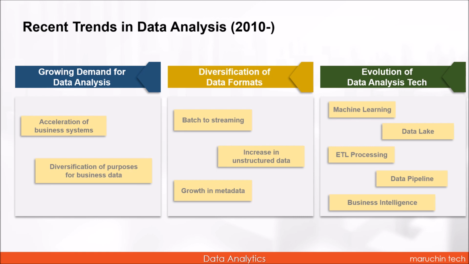Company systems are becoming faster, business data is diversifying, data formats such as batch, stream, and unstructured data are diversifying, and the data analytics methods themselves are also diversifying. The demand for data analytics is increasing in these uncertain and fast-changing times.